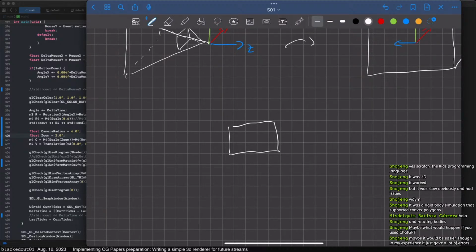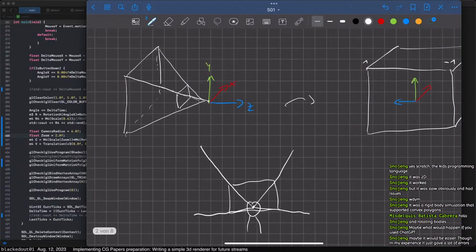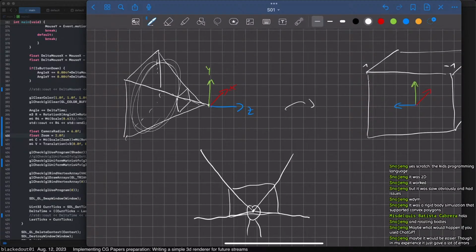So you are here. And I mean, you have two eyes, okay, but let's just assume you had one eye somehow. And so then everything you would see is just you connect your eye with the corners of your monitor, for example. And then you can see that you would get this view frustum here.